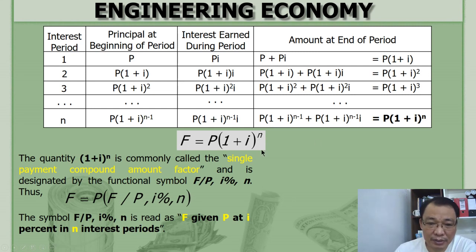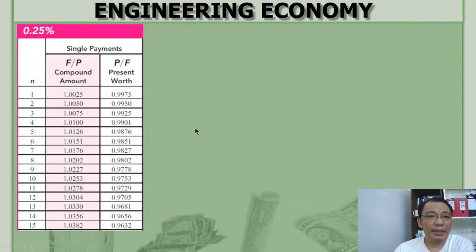Okay. Sa books, naa na table. At the back of the book, naay table dito. Instead of computing for 1 plus I raised to n, sa table, makita nimo ang value. Okay? Let's have a sample, let's have an illustration.